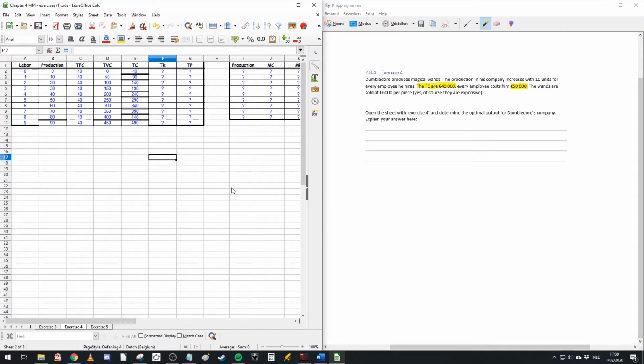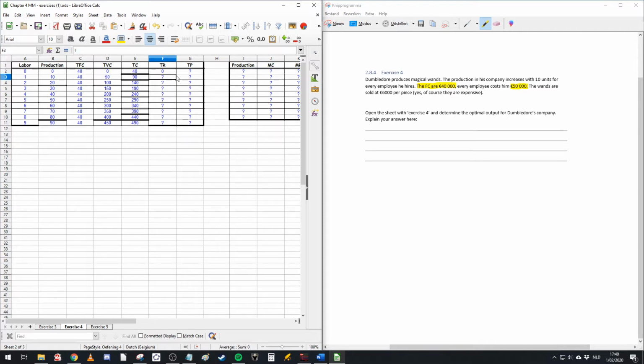Total revenue. Well, this is about, of course, the money we will earn, or Dumbledore in this case, will earn. And we know that the wands are sold at 6,000 euros per piece, right? But of course, if we produce nothing here at the beginning, we will earn nothing.